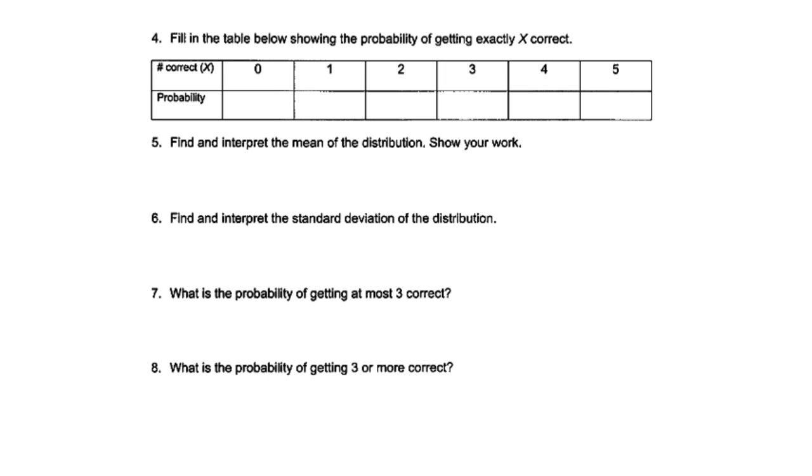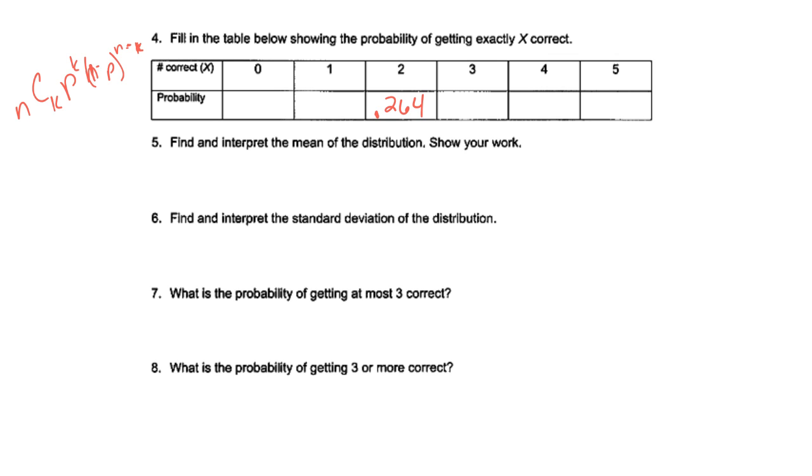All right, so now we're going to fill in the probability of getting x correct. We already did 2, which is 0.264. Ideally, you need to be able to do all of these by yourself. Remember, this is our formula: n choose k, p to the k, times 1 minus p to the n minus k power.